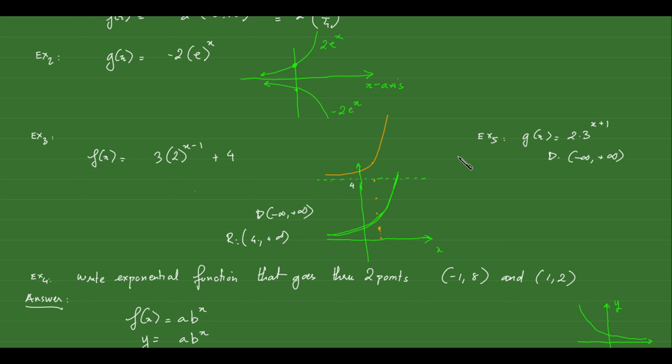And for the negative one, the domain is still the same, negative infinity to positive infinity, and the range will be from negative infinity to 0, not including 0, for this function.